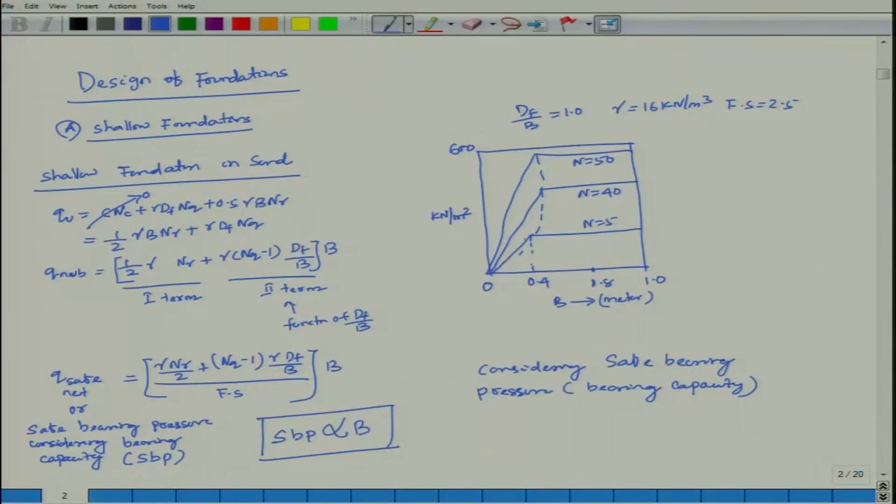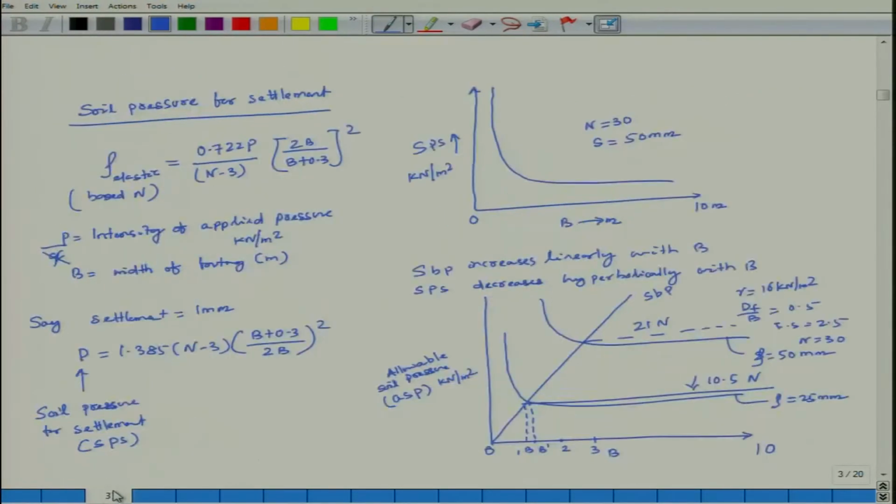Suppose say 0.4 meter, even if you increase the B, it does not increase linearly, rather it will be constant. So, that case has been put here and here. For generalizing, both the graphs have been put.